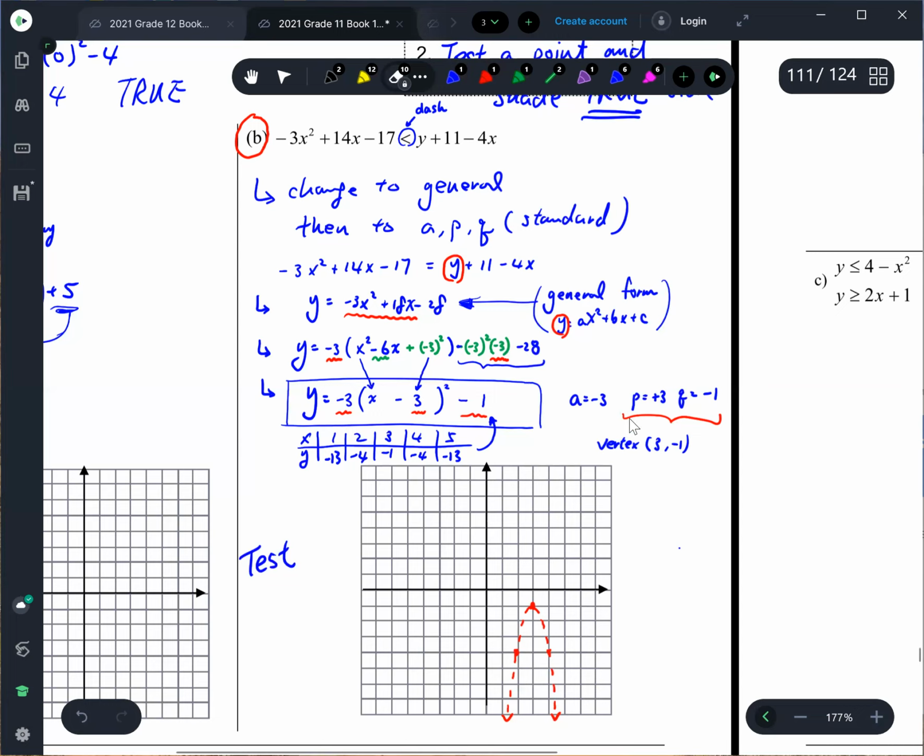You can use 0, 0, right? 0, 0 is not on the graph, not on the line.